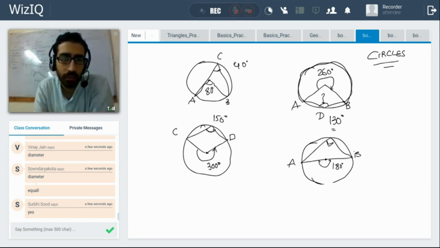Let's say this point is C. If ACB is 90, so is ADB going to be 90? Or so is AEB. Let's say this is point E, let's say this is point D. These are all 90 degrees. You must have seen this. Is this clear?